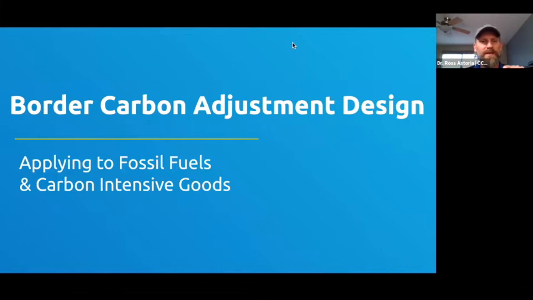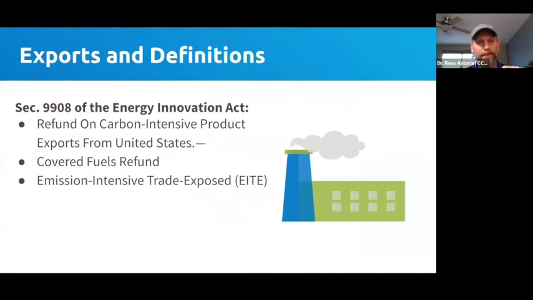All right, let's bring those general features into a concrete example, and that's our border carbon adjustment. The Energy Innovation Act does 2 things. It makes a distinction between imports and exports, and then it makes a distinction between covered fuels and emission-intensive trade-exposed goods.